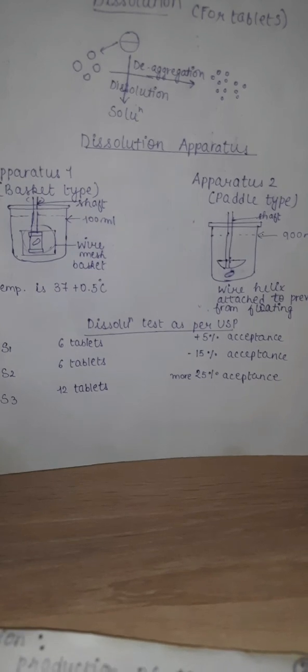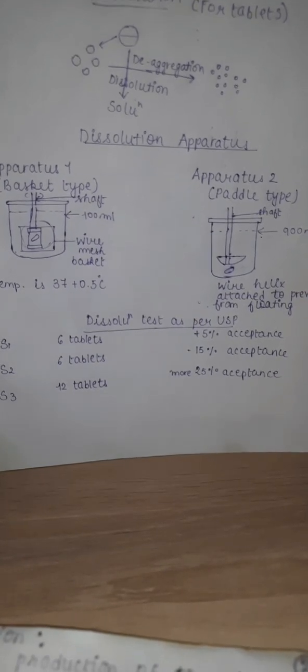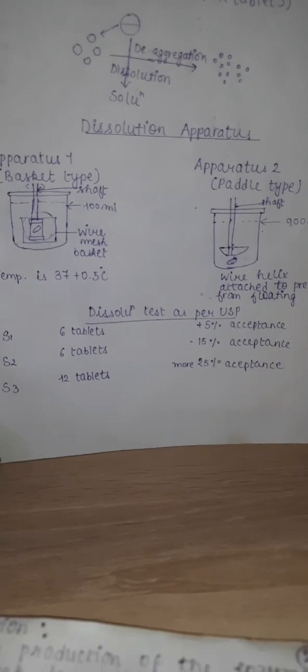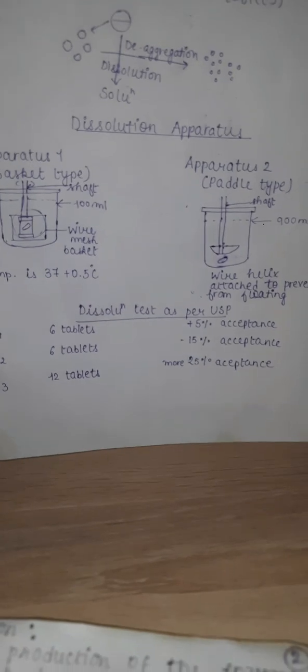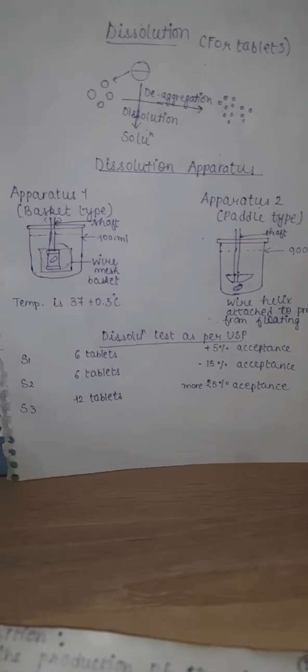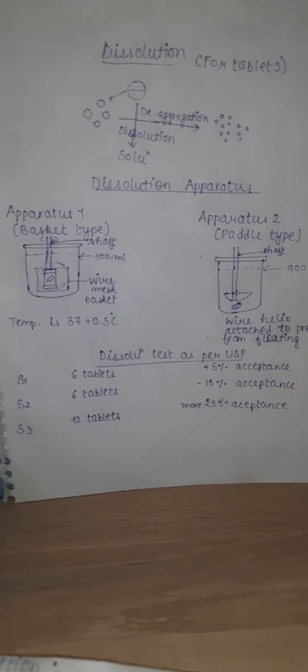In my second batch, my acceptance rate should be -15%. And in my third batch, the acceptance rate should be really high, like more than 25%. Then and only then will these be approved, these will be accepted.